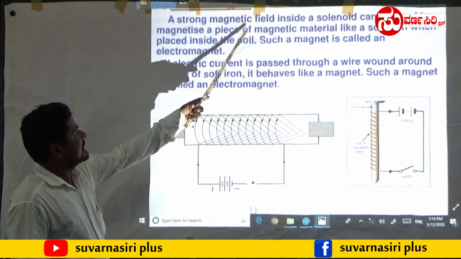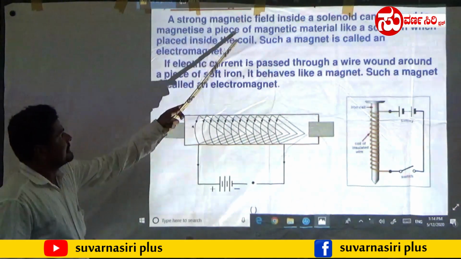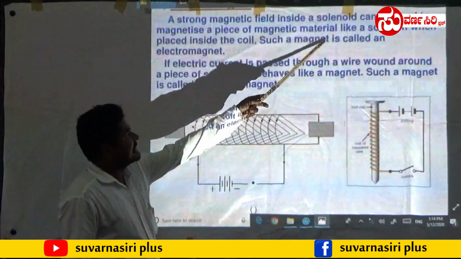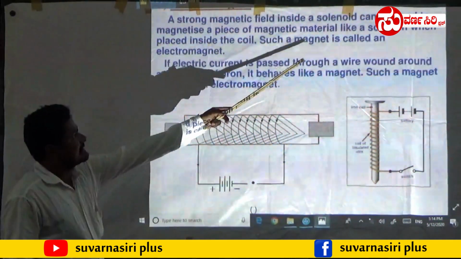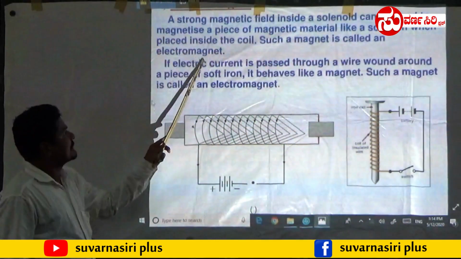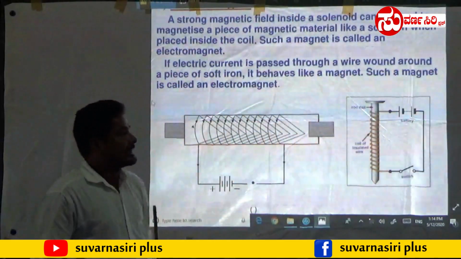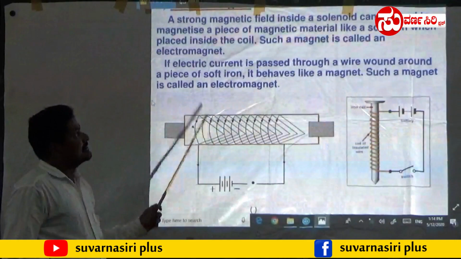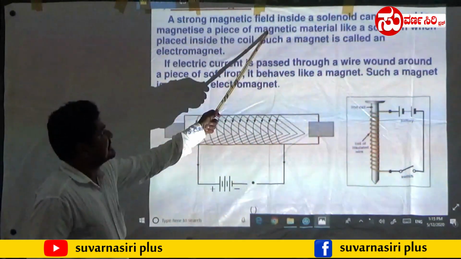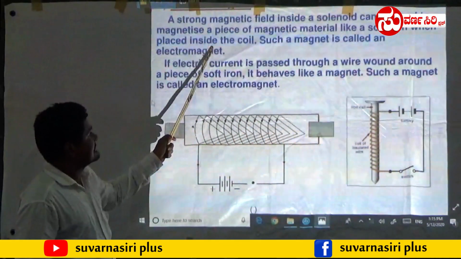The strong magnetic field inside a solenoid can be used to magnetize a piece of magnetic material like soft iron placed inside the coil.